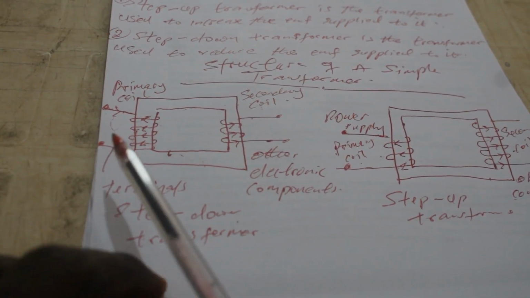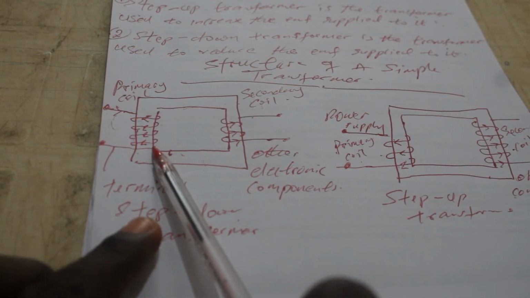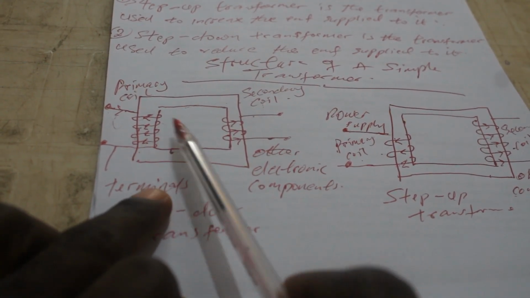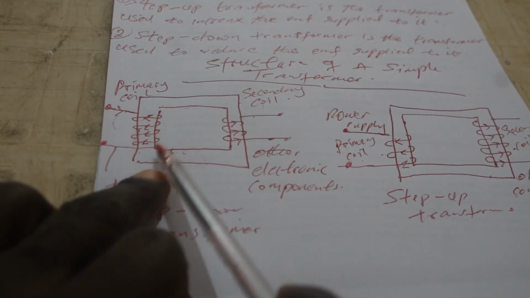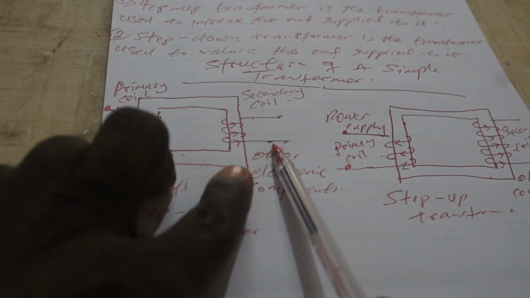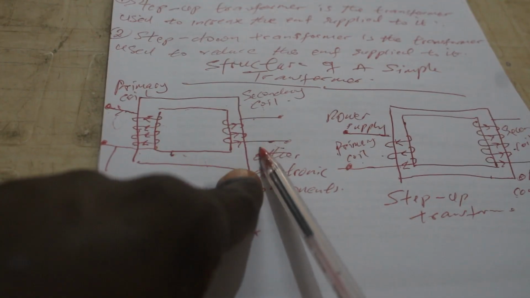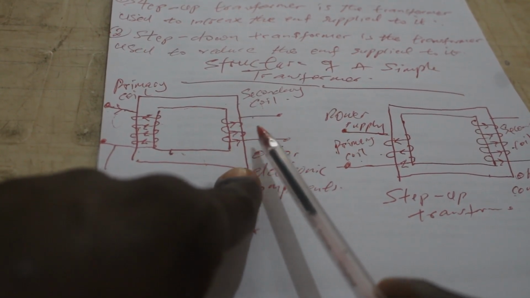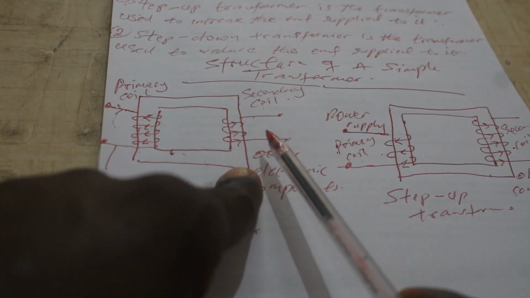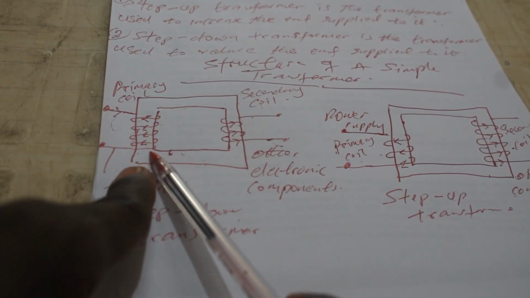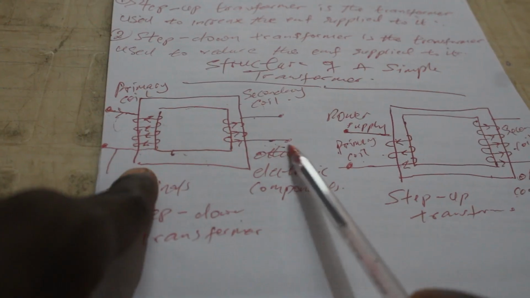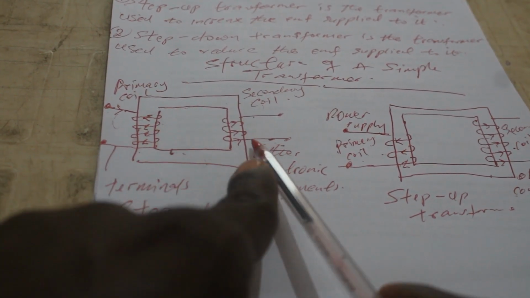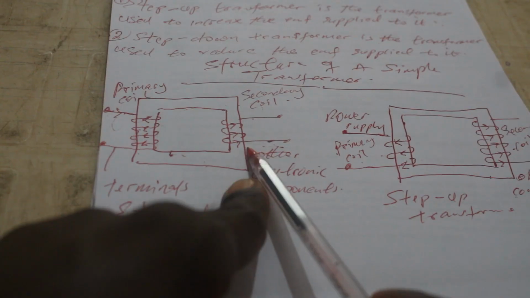When you supply current or power to a transformer, the amount of EMF that will be induced into the secondary coil depends on the number of turns in that coil compared to the number of turns in the primary coil. As you can see, we have more turns in the primary coil and fewer turns in the secondary coil.